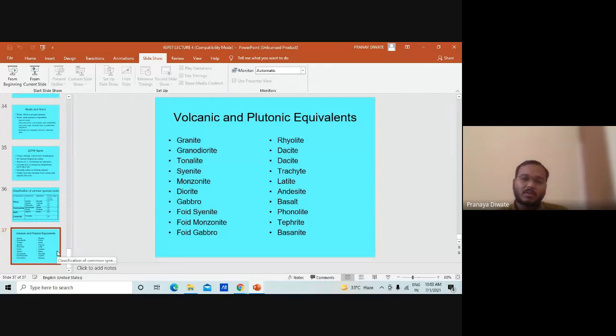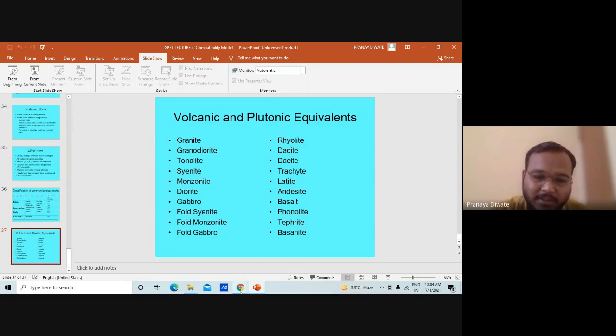Nowadays mining minerals can be found in igneous terrain where you have alumina and all this. The igneous rock is also used for building stone and all. That's all from this lecture.